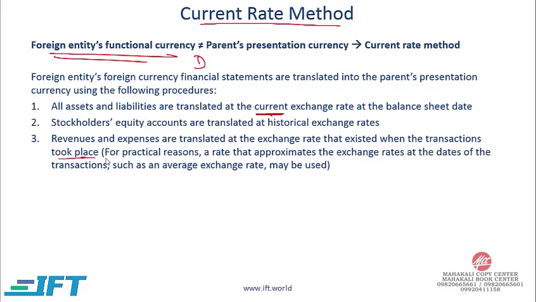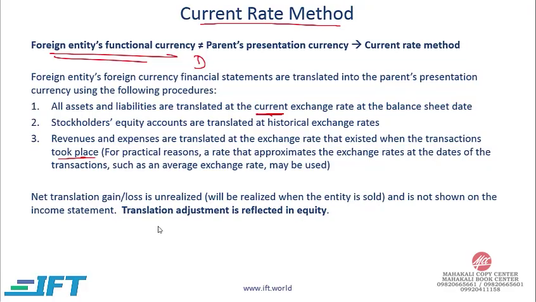This can be a little cumbersome. So for practical reasons, what most companies do is take the average exchange rate over the period and use that average exchange rate to translate all revenue items and expense items. With the current rate method, there is going to be a net translation gain or loss, and this happens because the exchange rate changes.